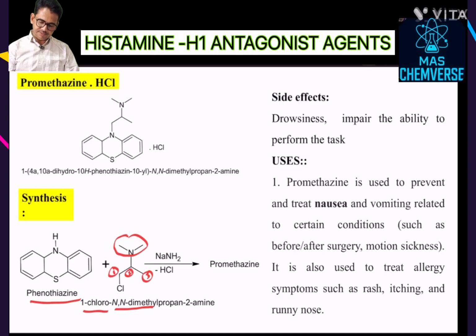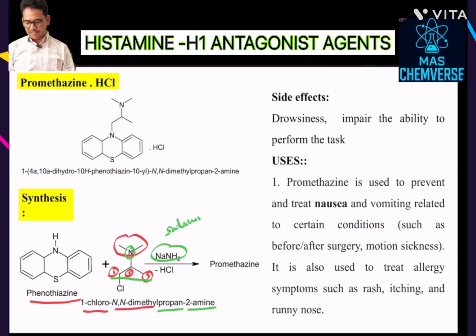These 3 carbons are called propane. Then at the second position, what is it having? Second position amine is there. That's why it is called 2-amine. It reacts with the sodamide. This reaction is also called the Chichibabin reaction.